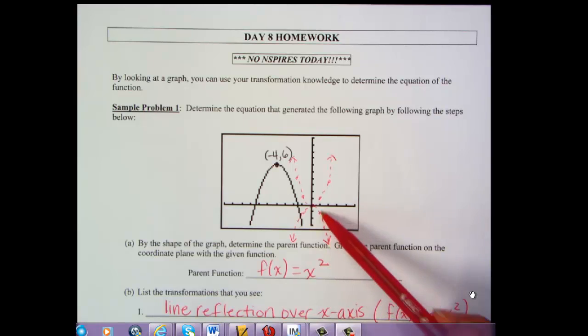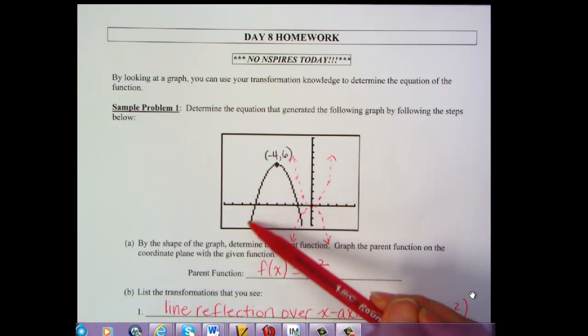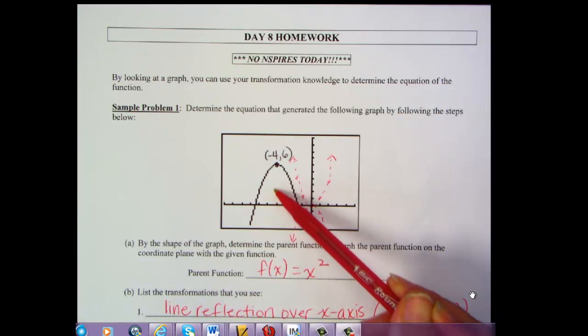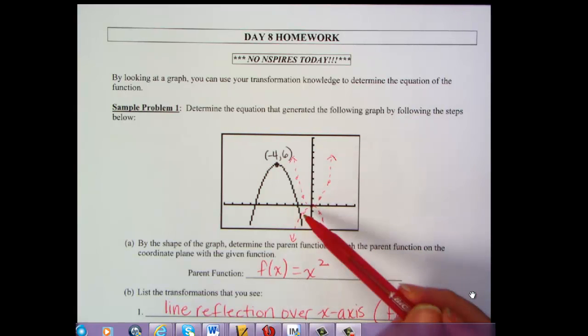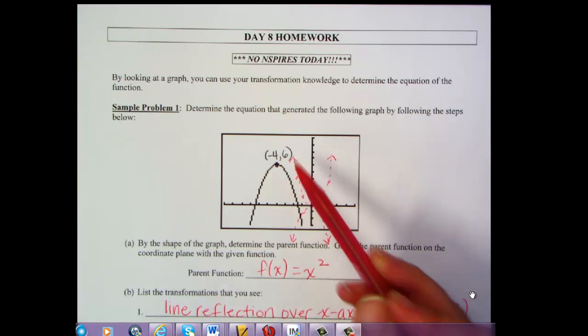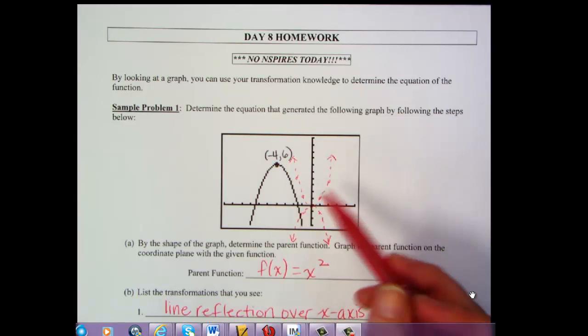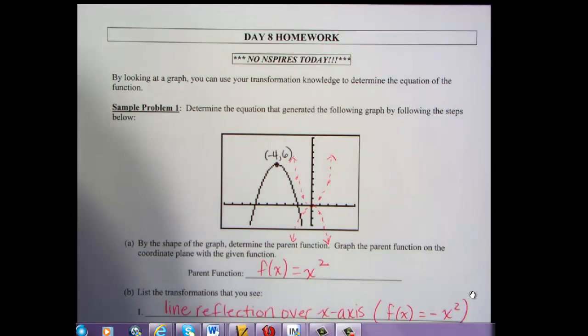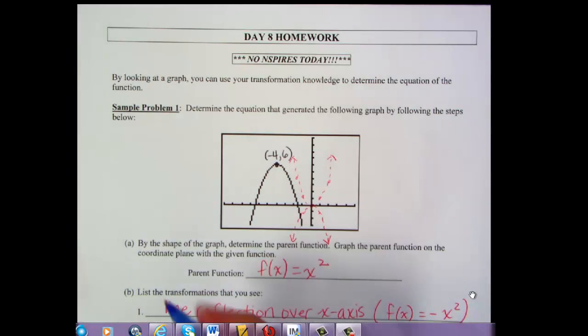Now I have the direction of my parabola correct. Now I need to shift it, or translate it. I'm going to translate it to the left and up. So how far to the left did this translate? Well, I give you the vertex of negative 4, 6, which means it translated left 4 units. I'll change colors.